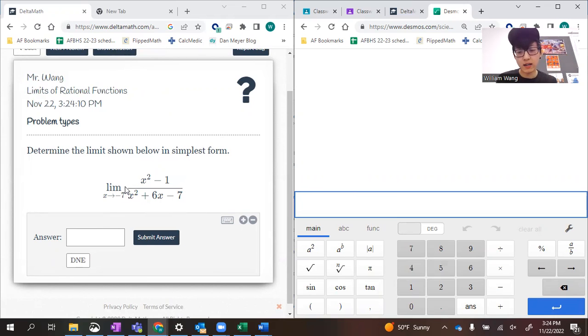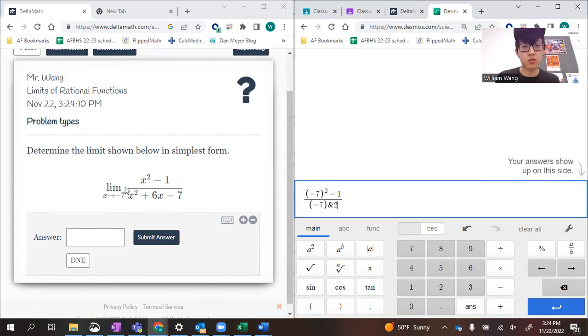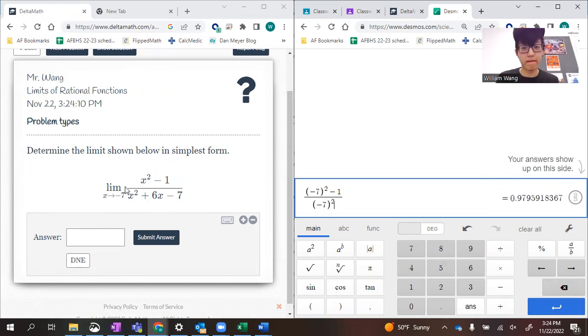So first I would plug in -7. So it's -7 squared minus 1 all over -7 squared plus 6 times -7 minus 7. So when I plug it in, I'm going to get a divide by 0 answer. Divided by 0.